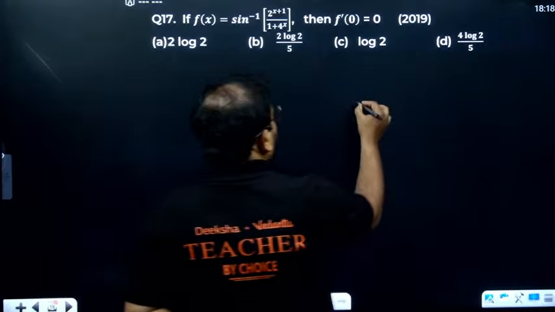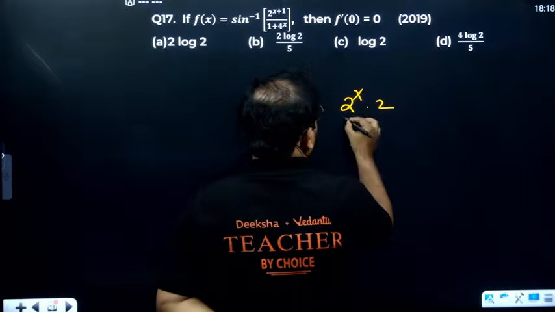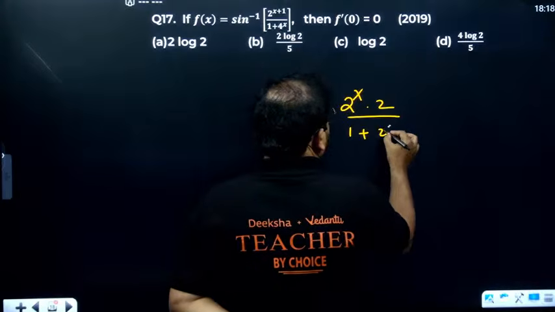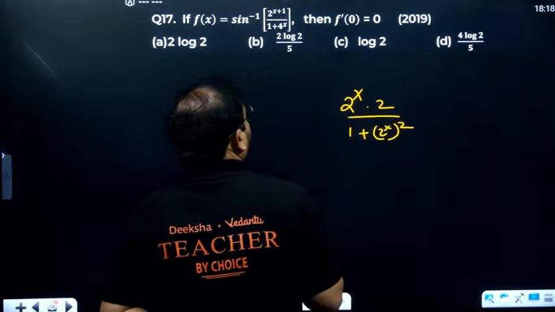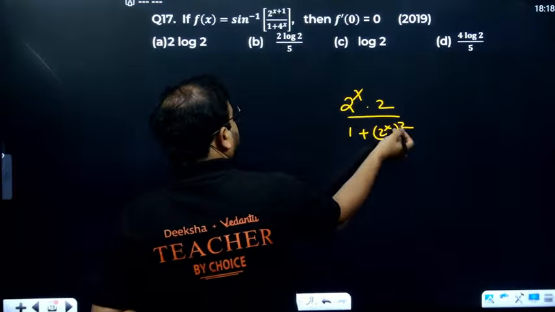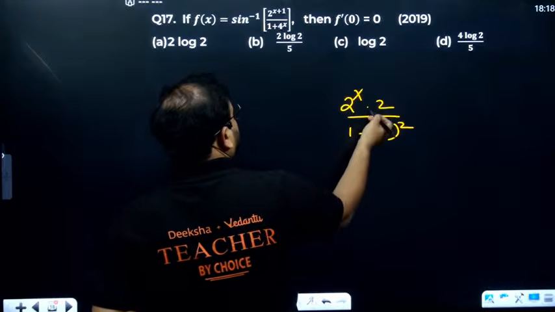This is also a form. 2 power x into 2 upon 1 plus 2 power x the whole square. Right? I can write 4 power x as 2 power x the whole square, and 2 power x plus 1 as 2 power x into 2.